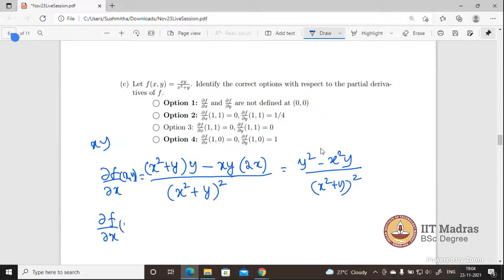Dou f by dou x at (0, 0). Can I just substitute (0, 0) and find the value? No, you cannot do that because you'll get 0 by 0. So what should I do?